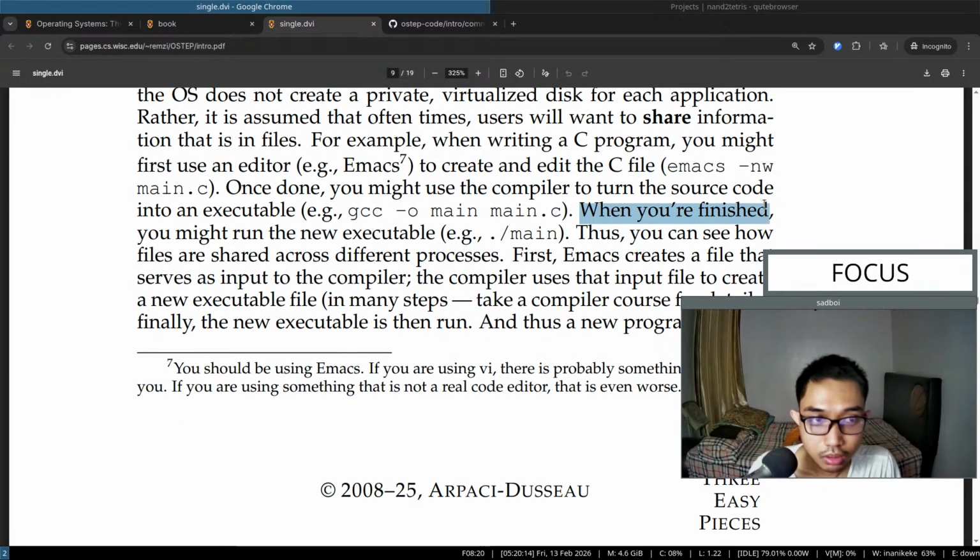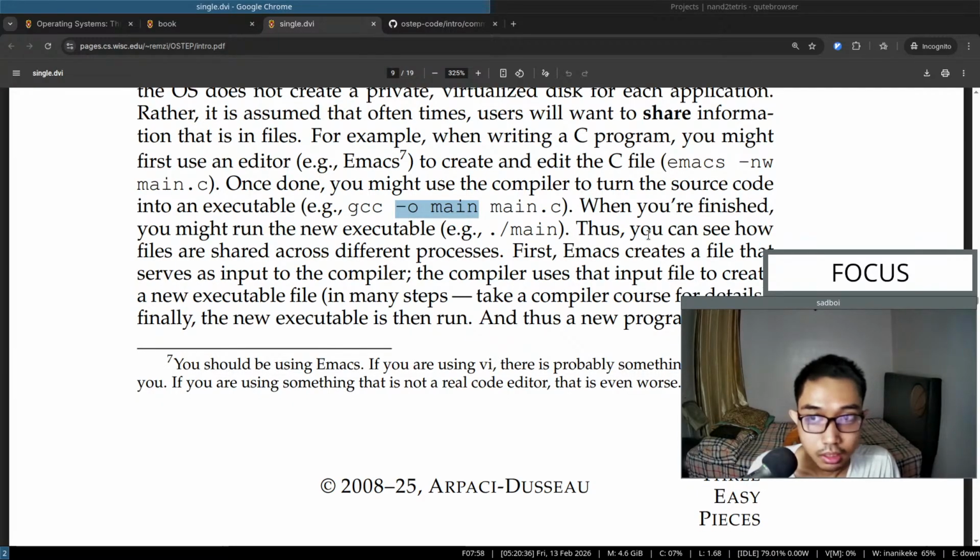When we are finished, you might run the new executable like this, ./main. Right, we got the main from this expression.